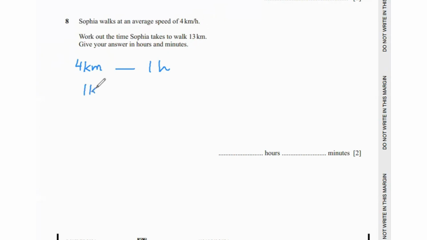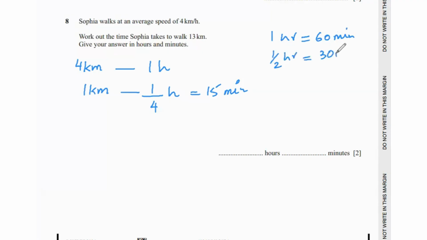So let's find for 1 kilometer first. So for 1 kilometer is going to be 1/4 hours, which basically is equal to 15 minutes as well, because 1 hour is 60 minutes. Half hour is 30 minutes. So quarter hour would be 15 minutes.